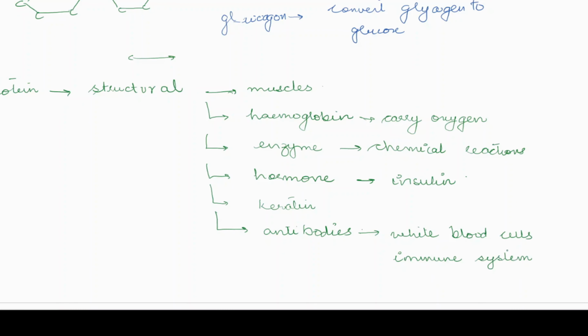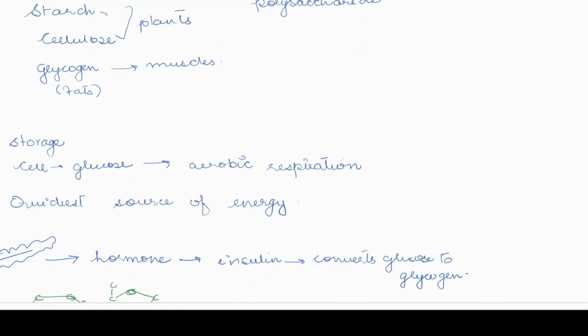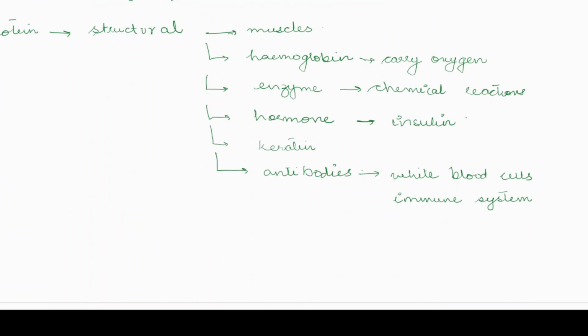They fight against the pathogen, they bind with the pathogen and kill them. Next one. This one is a structural role, that's the major role in our body. Let's move to its structure now.